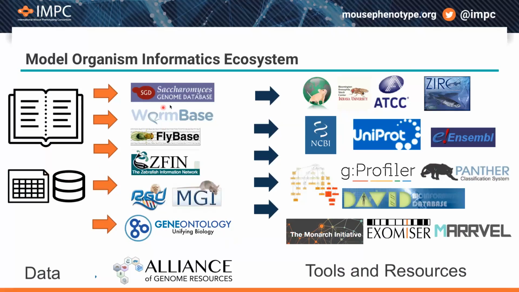So there's yeast, worm, Drosophila, zebrafish, rat, MGI. They've all been working, I think all of them, for decades to pull in data, largely from literature, in some cases from resources like this.